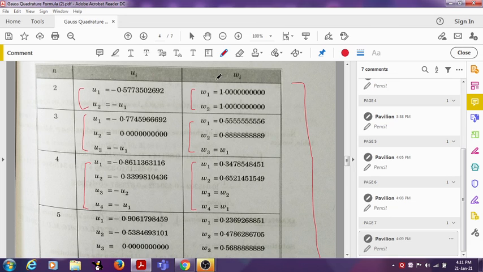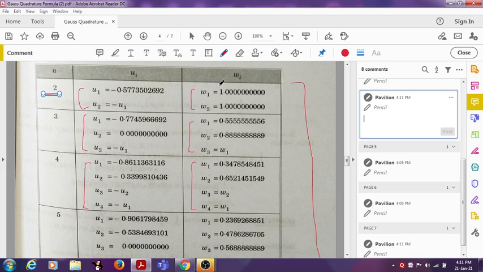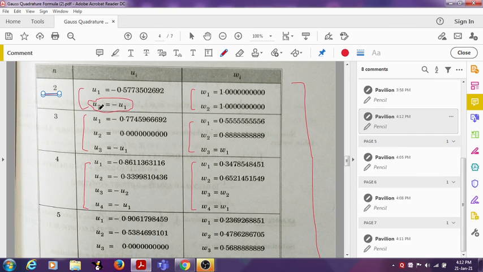Here, corresponding to n equal to 2, the weights W1 and W2 both of them will be equal to 1, and U1 and U2 will be numerically the same, the magnitude will remain the same, but their sign will be opposite. So remember only the value of U1, then U2 will be its negative. So U1 is equal to minus 0.5773502692.